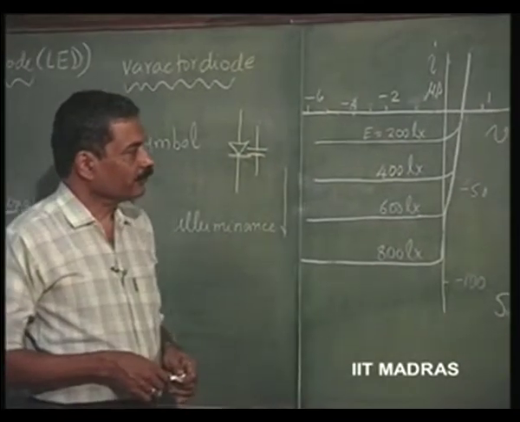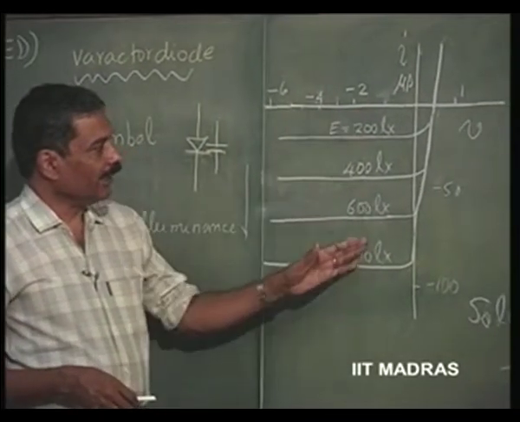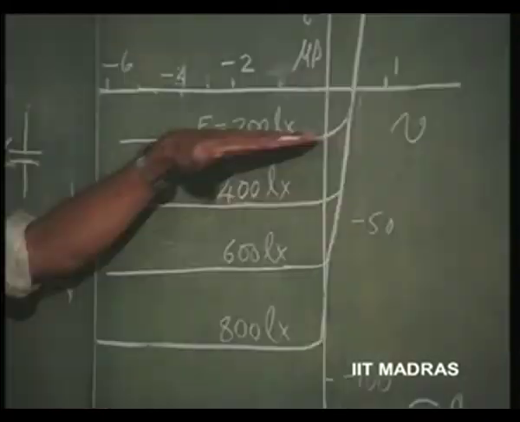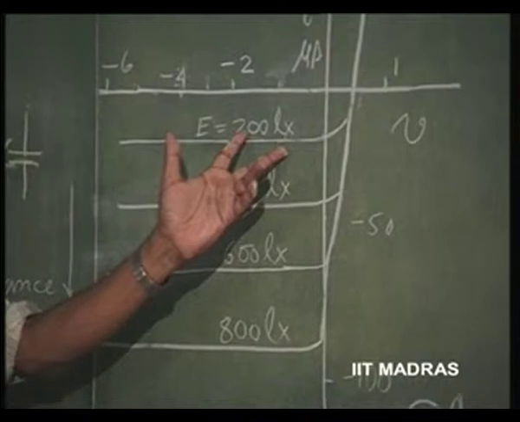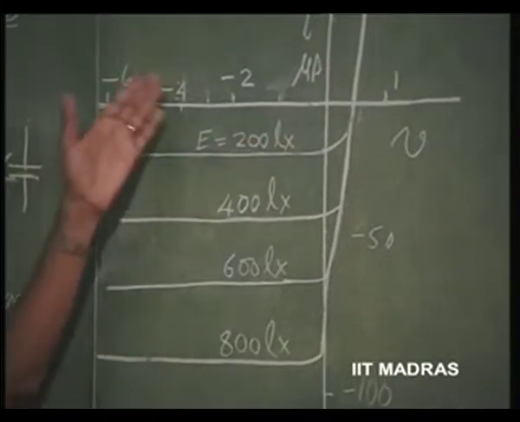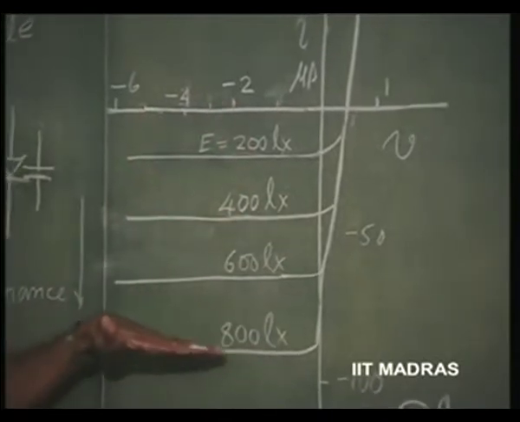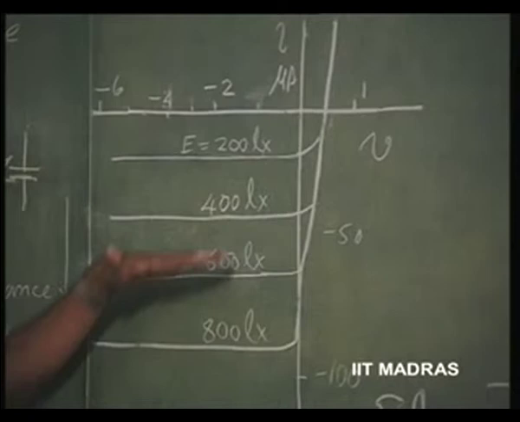Now, this is the way the saturation current varies depending upon the various illuminance levels. As illuminance is increased, in this direction the current capability increases.